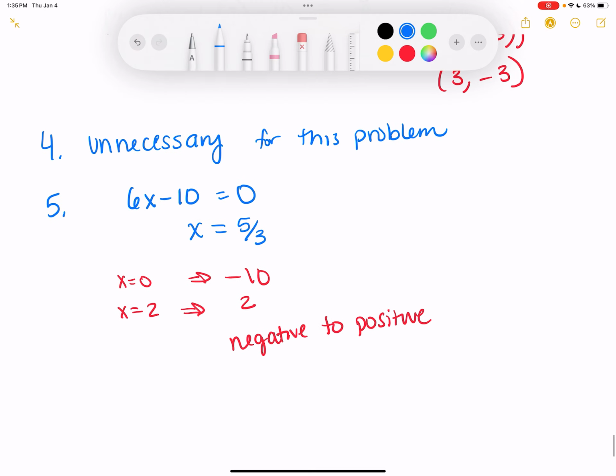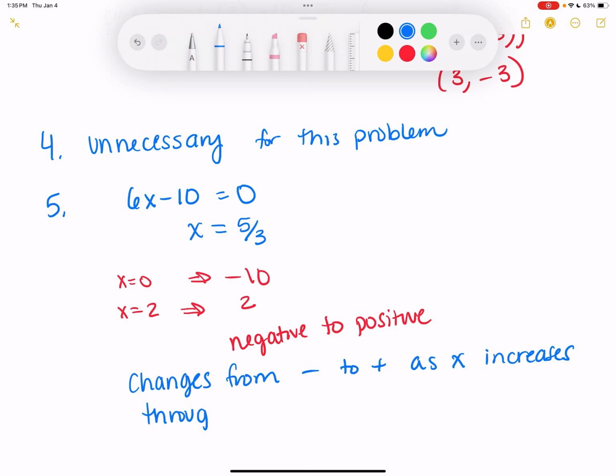So this changes from negative to positive as x increases through 5/3. So there is an inflection point.